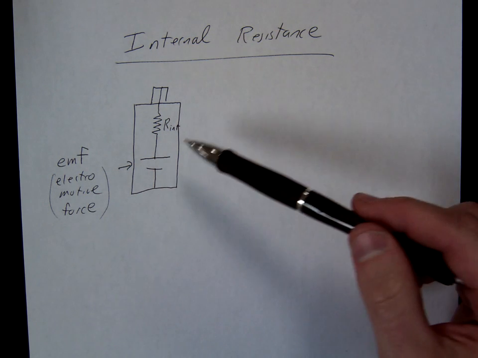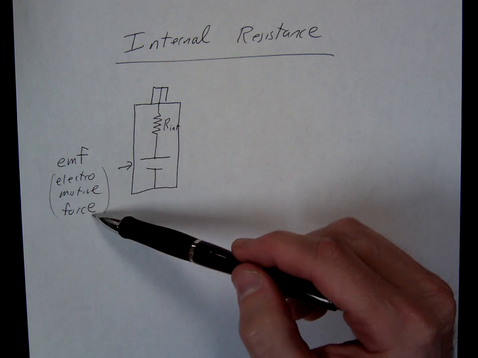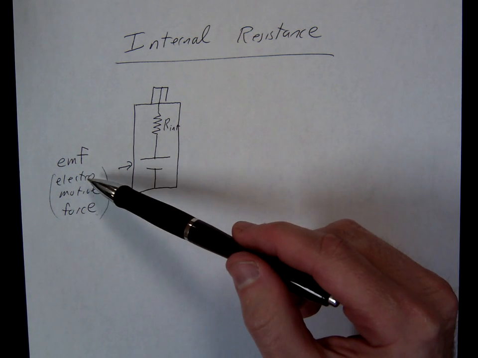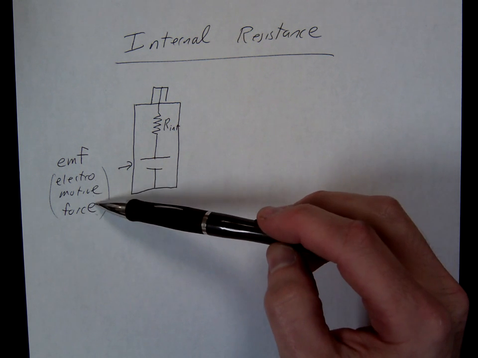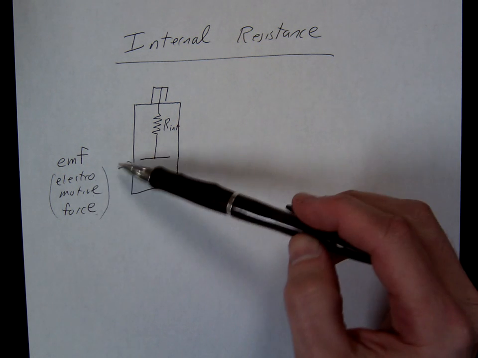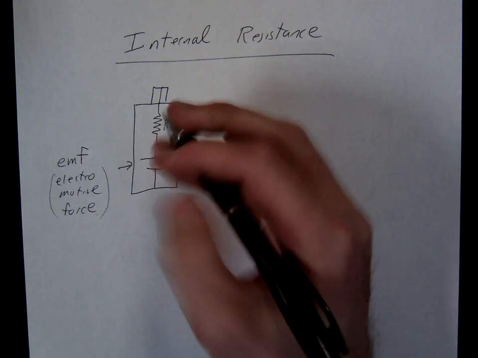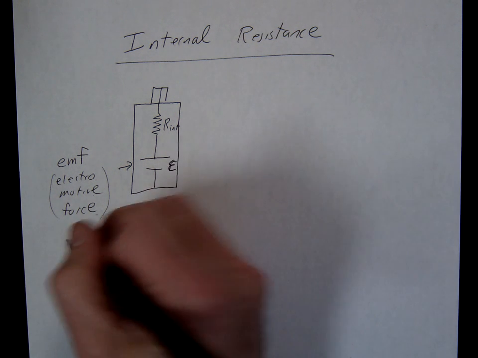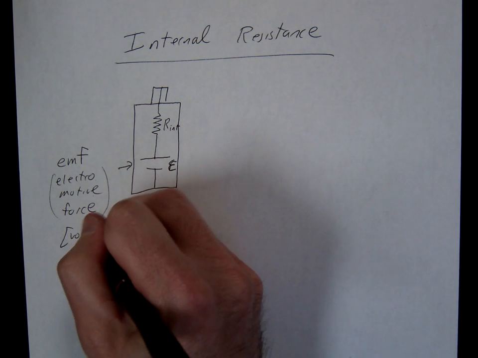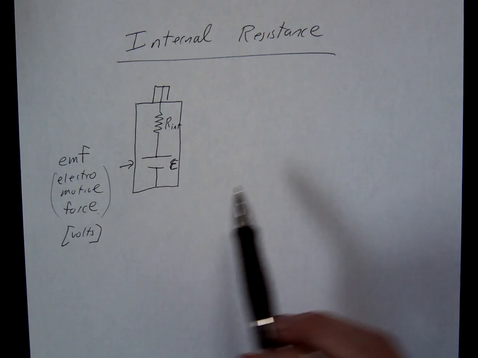And so they called it an electromotive force, a force pushing electrons through the circuit, moving them around the circuit. So you'll often see this written as just simply epsilon. The units, though, are just volts. So this is just like a mini voltage source inside.